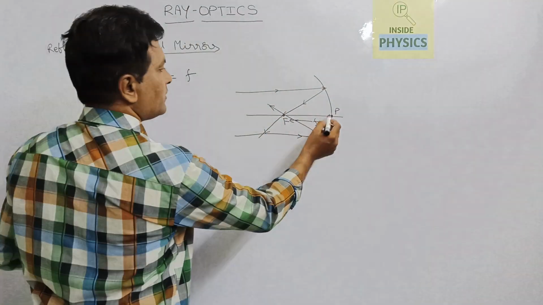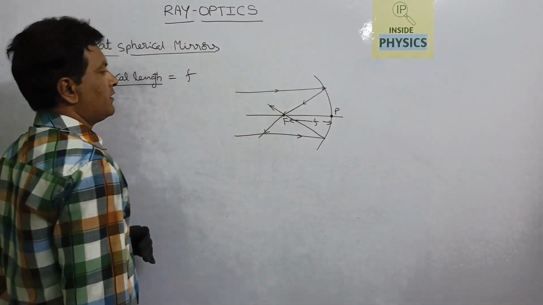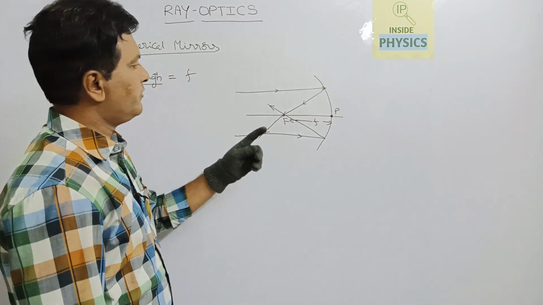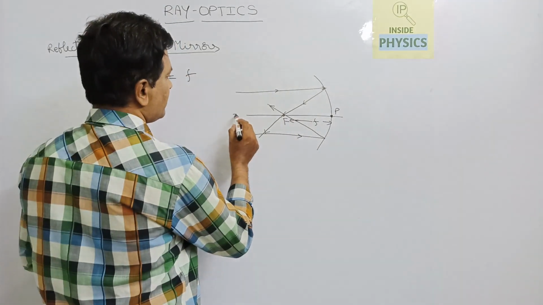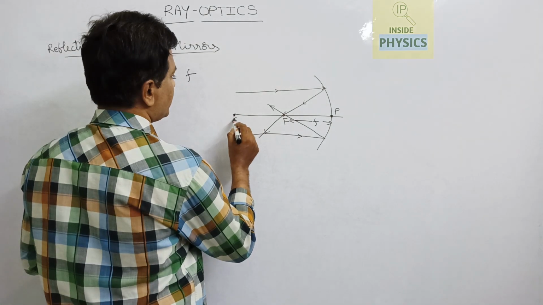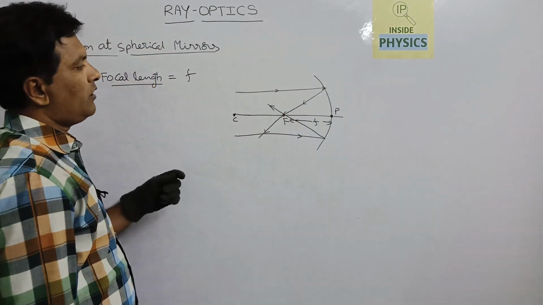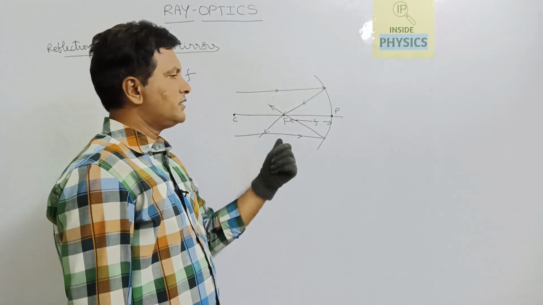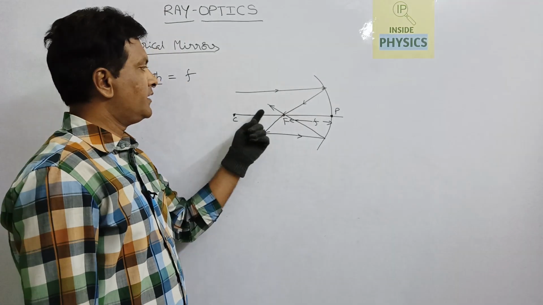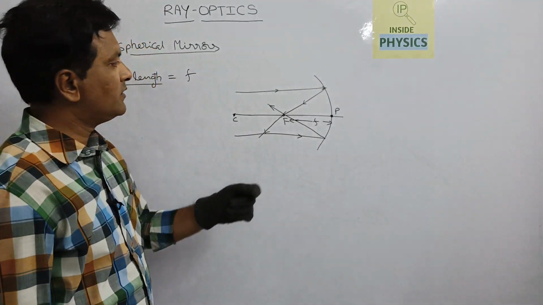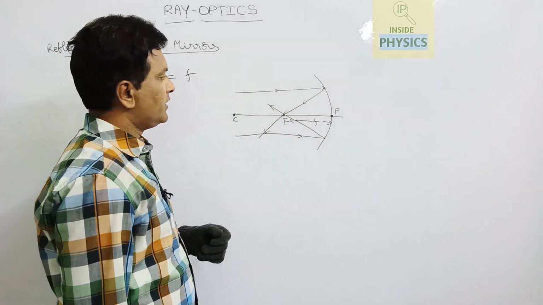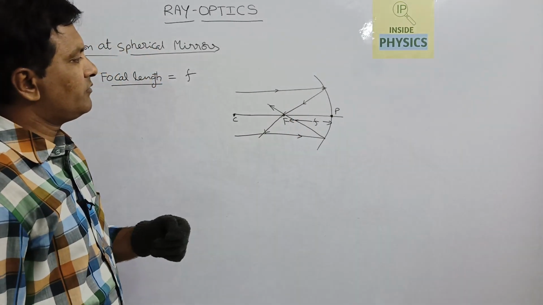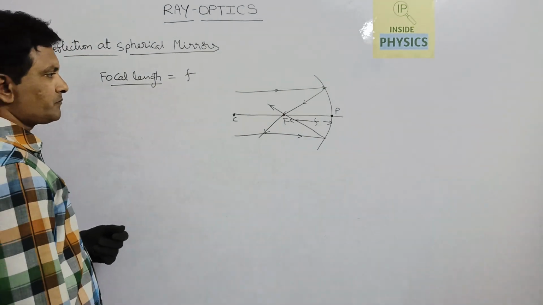Here, we now want to derive the formula for the focus. Suppose we consider this as the center of curvature. So the point where all the incident rays, incident parallel to the principal axis, have their reflected rays coincide is called the focus. Okay.